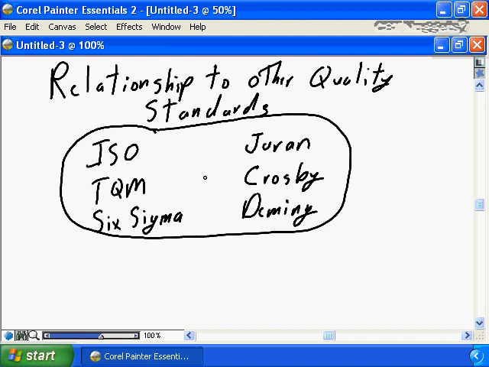The PMBOK guide strives to be consistent with all of these processes, all of these quality statements, with its simple statement of conformance to requirements and fitness for use. The PMBOK guide's definition of quality is focused on customer satisfaction.